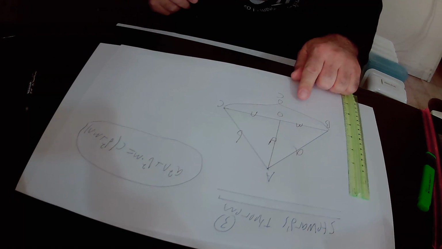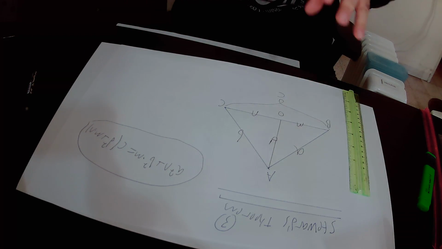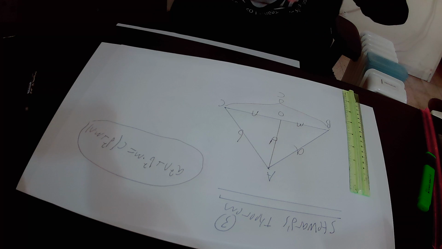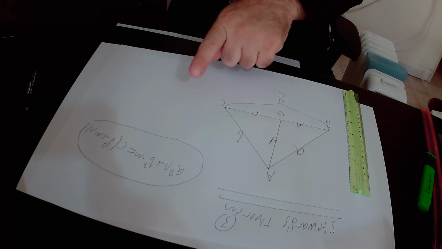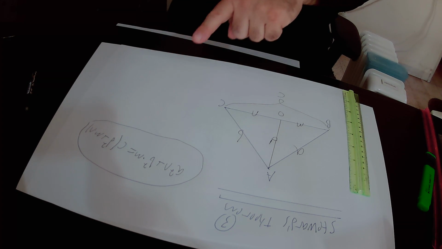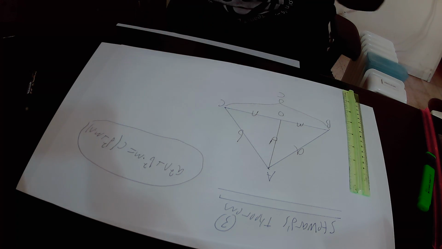According to Stewart's theorem, if we have this triangle ABC, that could be any triangle, then the following equation is true: A squared times N plus B squared times M equals C times (D squared plus MN).